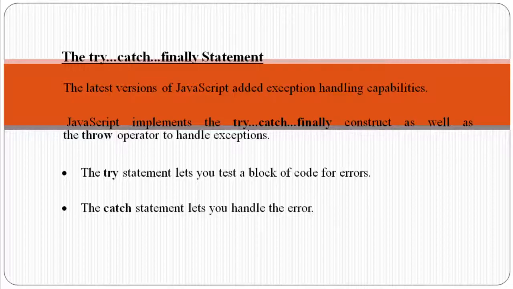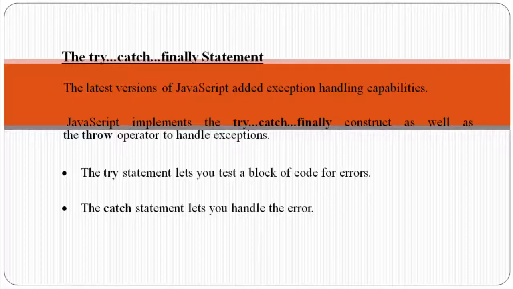The latest version of JavaScript added exception handling capabilities. JavaScript implements try, catch, finally constructs as well as the throw operator to handle exceptions. The try statement lets you test a block of code.